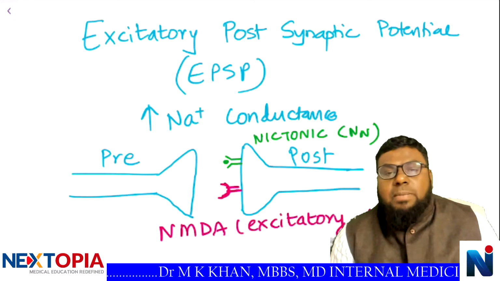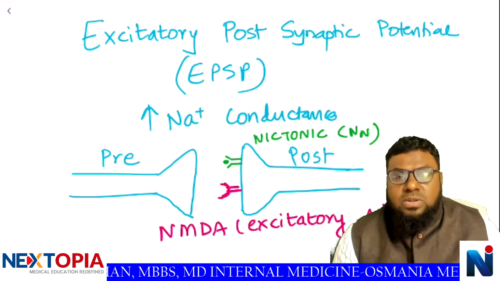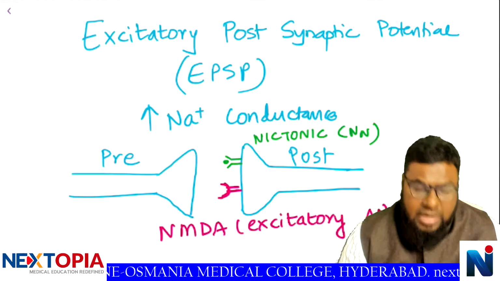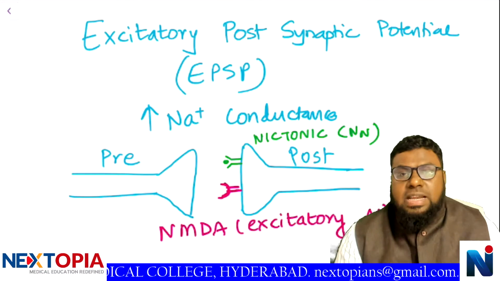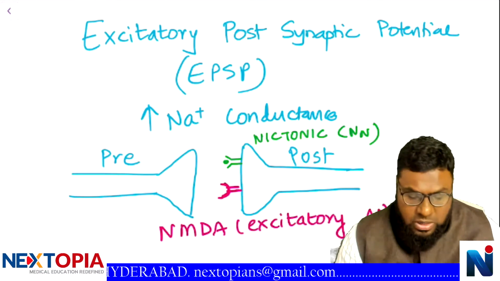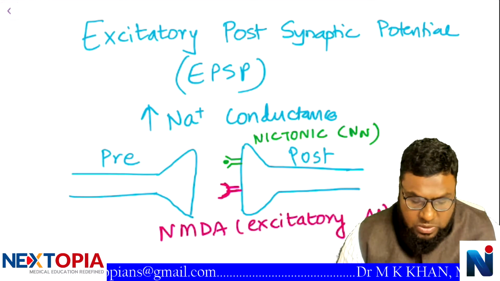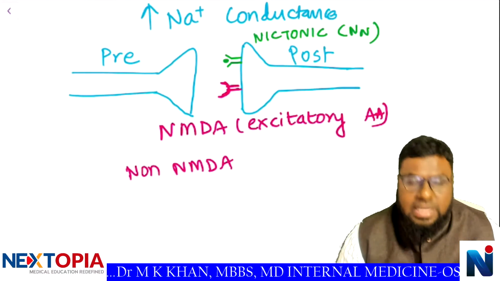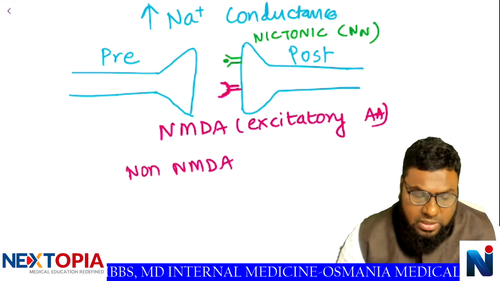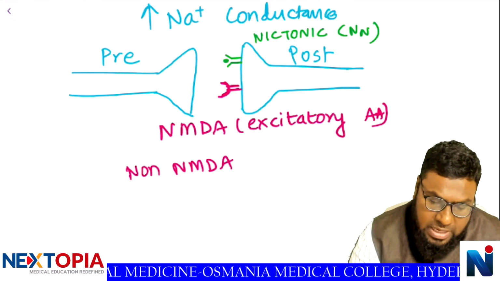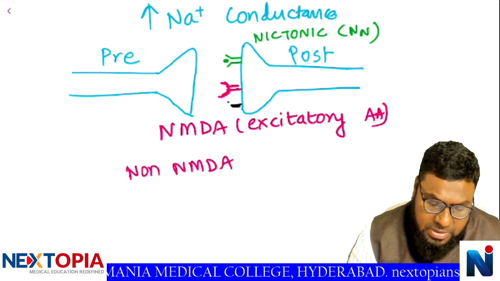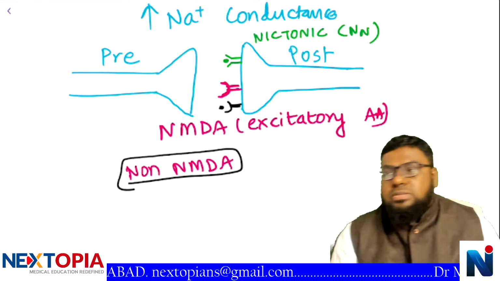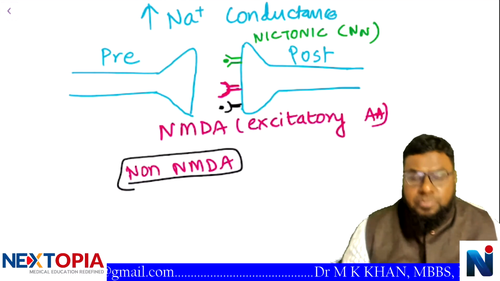These excitatory amino acids will act on this non-selective channel to produce a response, an action potential of the postsynaptic neuron. We have got certain non-NMDA type of receptors also. So we have got three types of receptors in the postsynaptic potential: nicotinic receptors, NMDA and non-NMDA type of receptors, right?